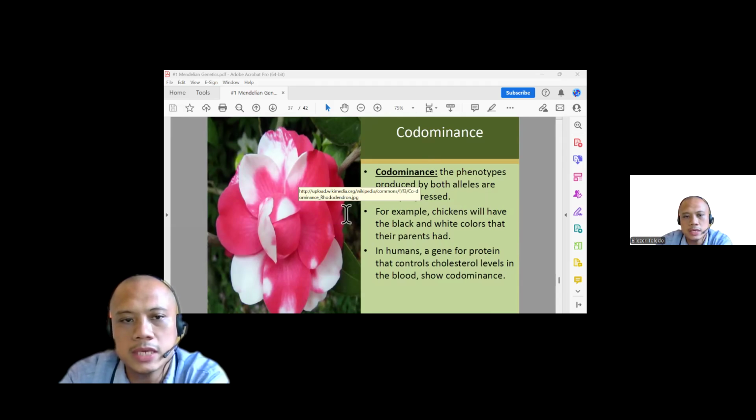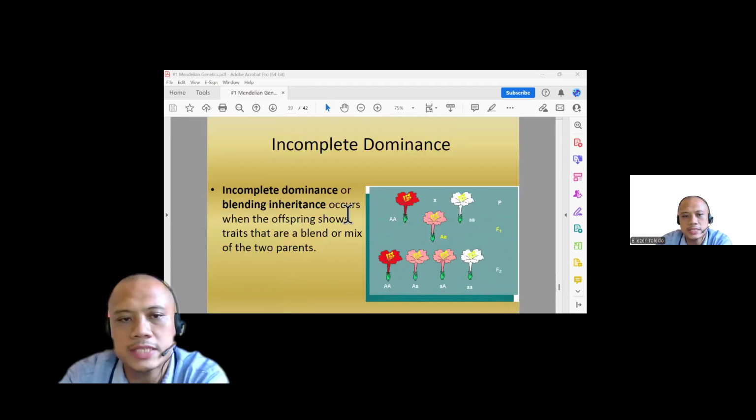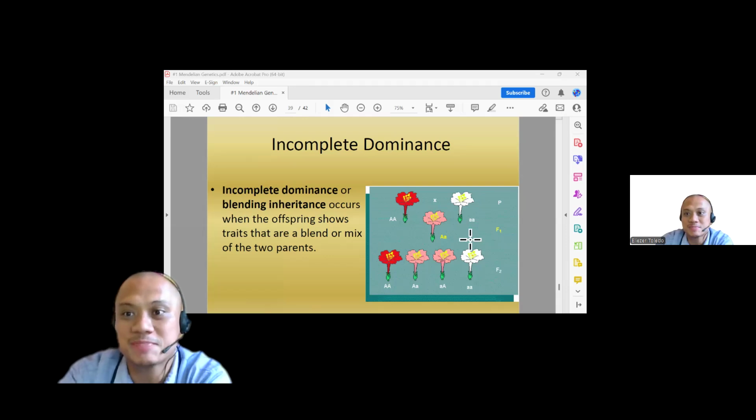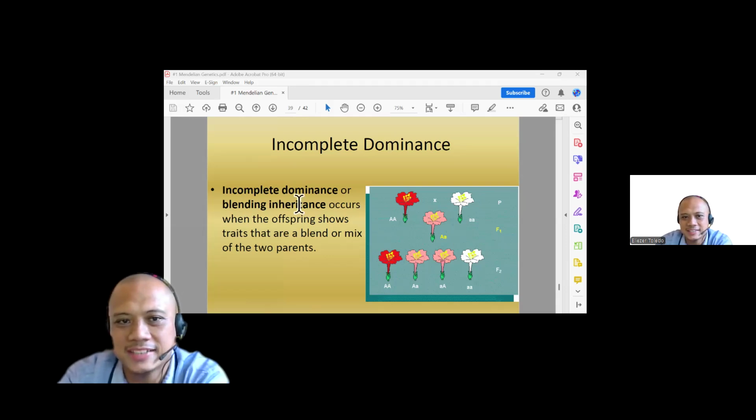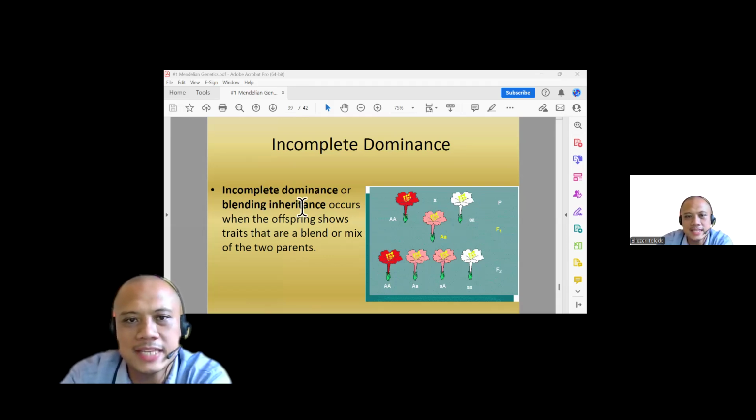Codominance. Incomplete dominance, what does that mean? Blending inheritance, which means that if we take, for example, white and red and mix them, it produces pink. That's also a very nice instance.